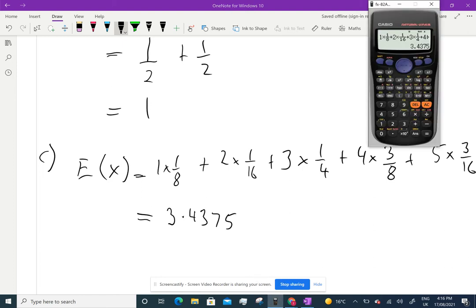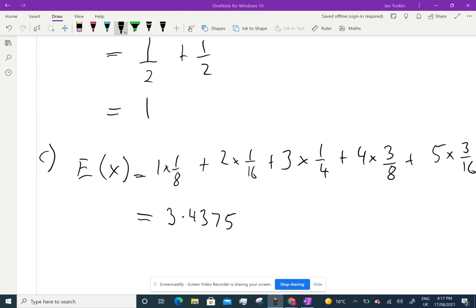Righto. And I'm just going to go to the solutions to make sure we've got them right. What are we up to? 1203. And they give me 3 and 7 on 16.